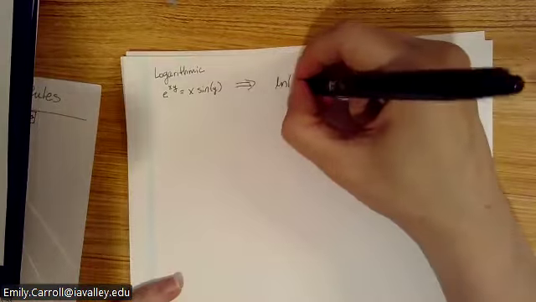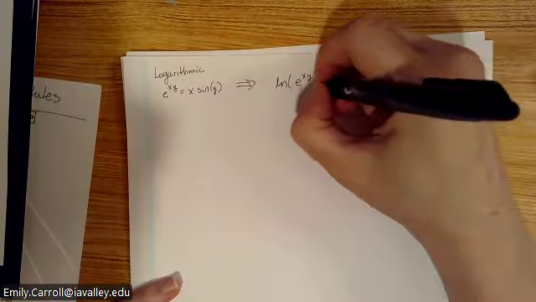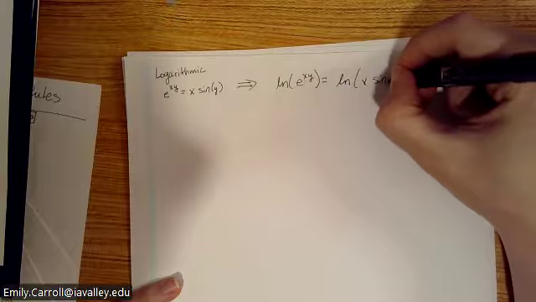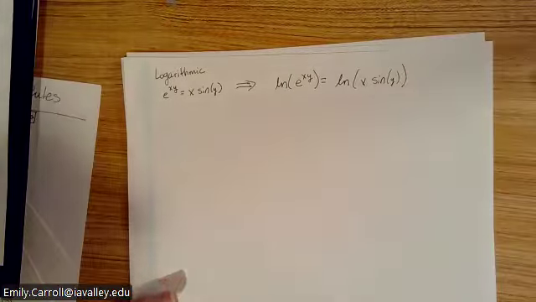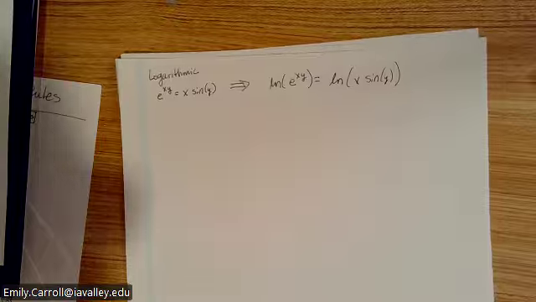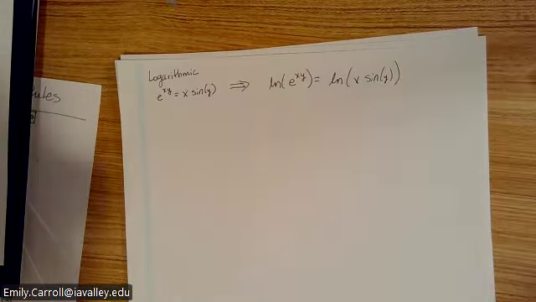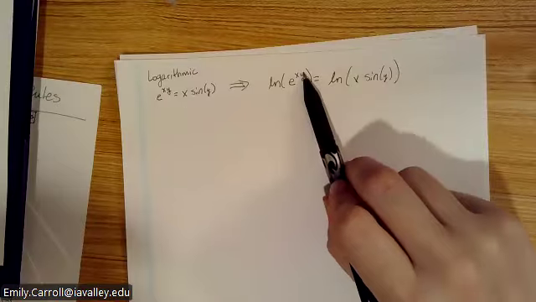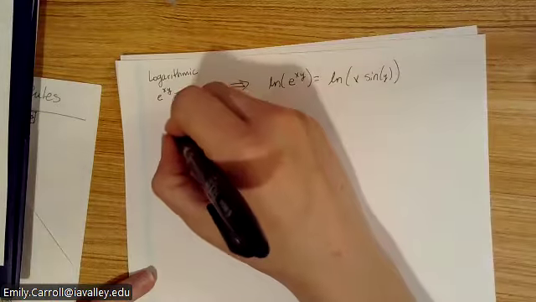Okay, so doing it logarithmic, we'll get ln of e to the xy equals ln of x sine of y. All right, well, ln of e to the xy is just xy.